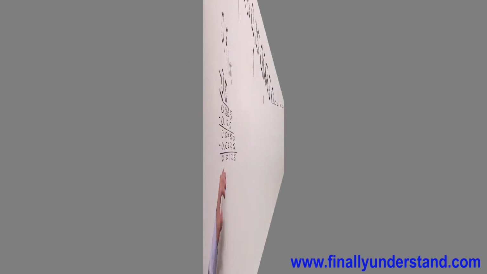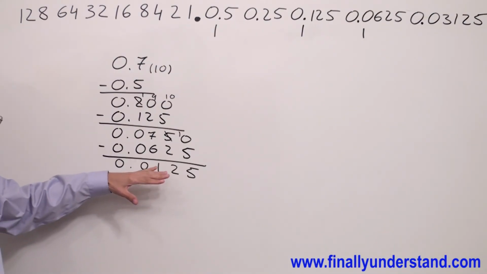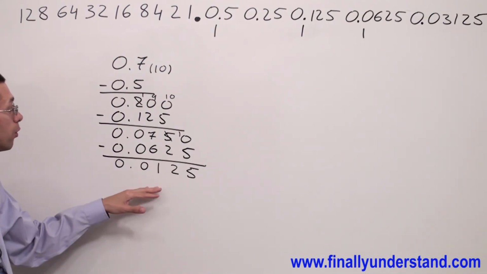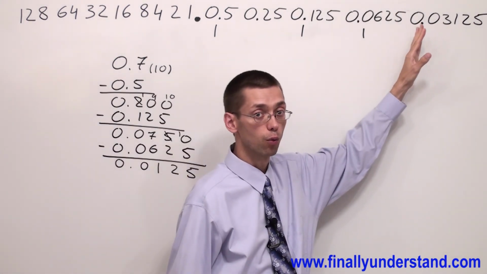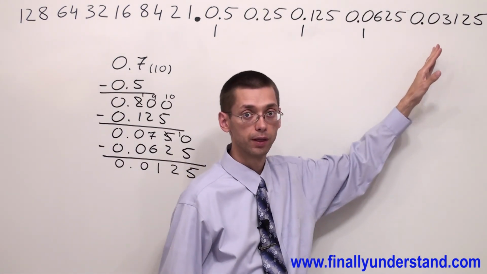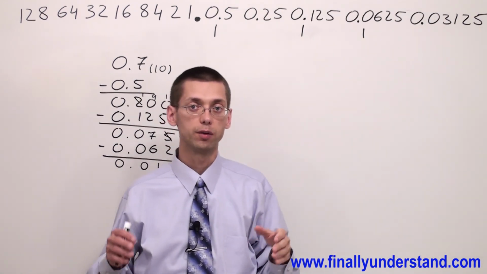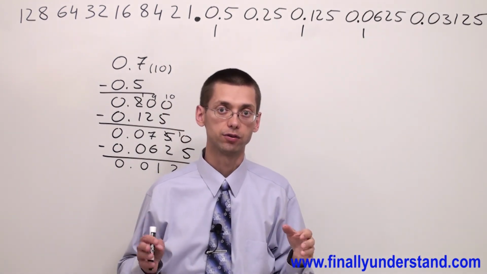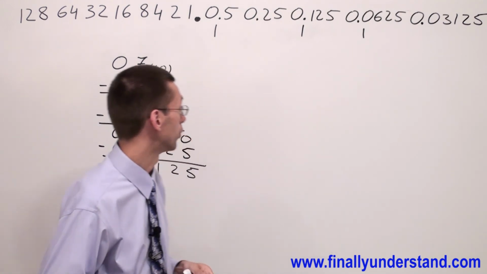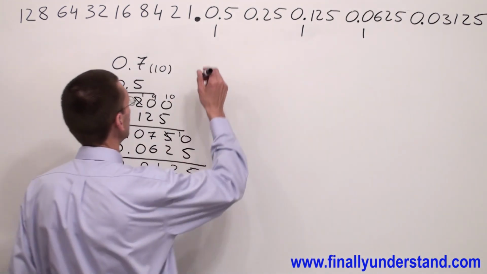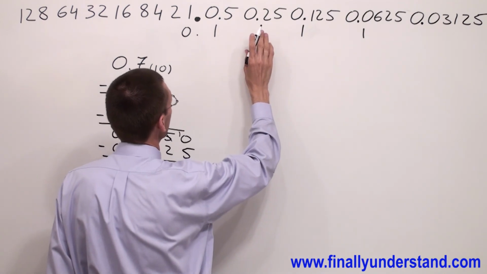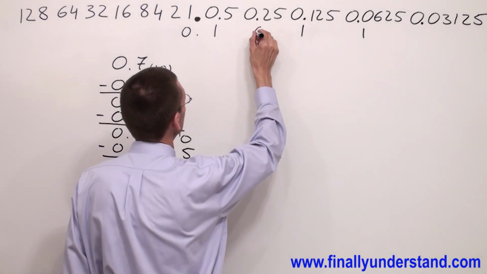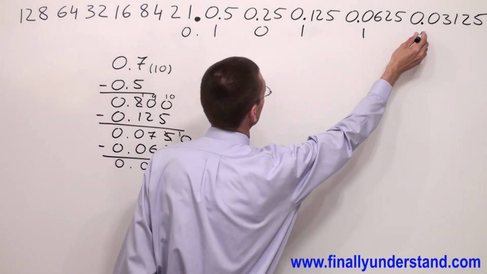Next, please notice that this value is lower than our lowest weight on the board. We said that we are going to keep 5 bits after the binary point. That's why my answer is going to be 0 point, and the weight which I didn't use, I'm going to mark by 0.